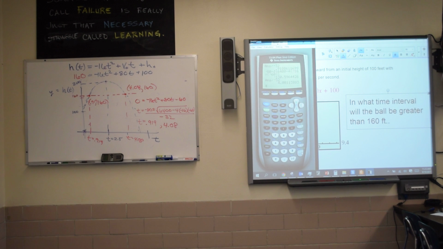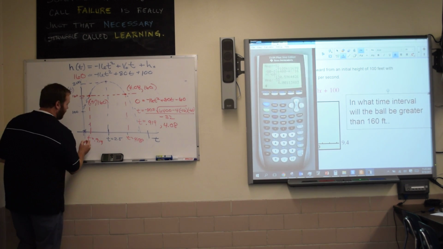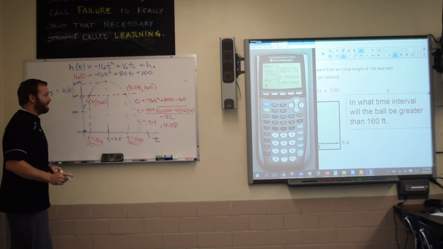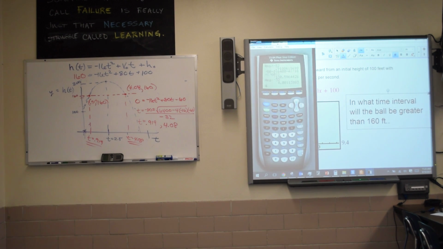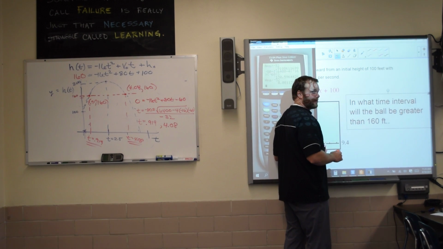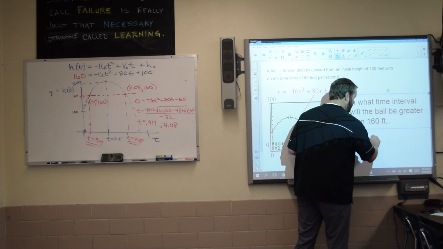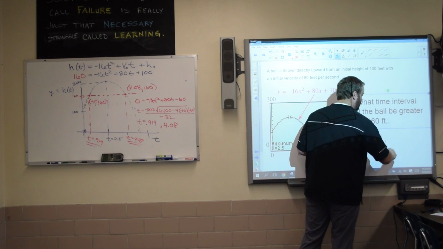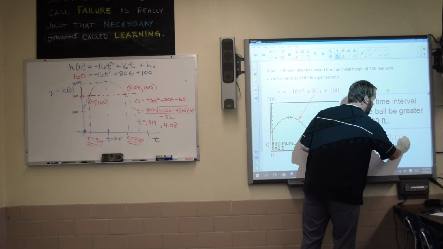So that's not necessarily answering the question yet, because it says, in what time interval will the ball be greater than 160? Okay. Now with our rough rounding here, we now have exactly the values of when it is at 160, right? Well, at 160 is not greater than 160, right? So we want to go from 0.919 up to 4.08.